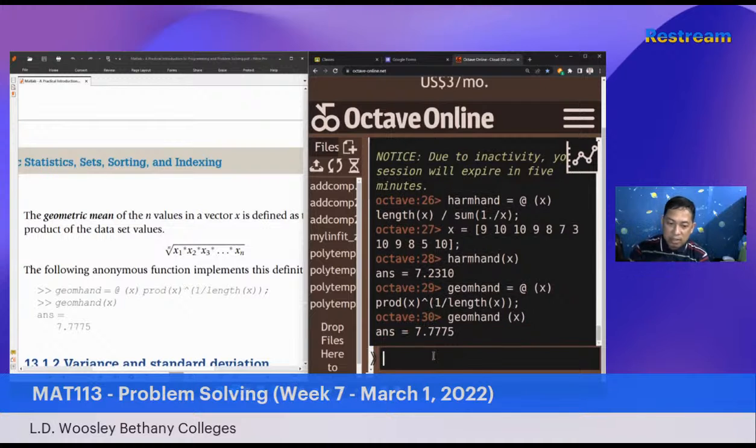Right. So this is the geometric mean of that particular data. So just refer to your notes regarding this. Now, this is most likely the central tendency command used in MATLAB.